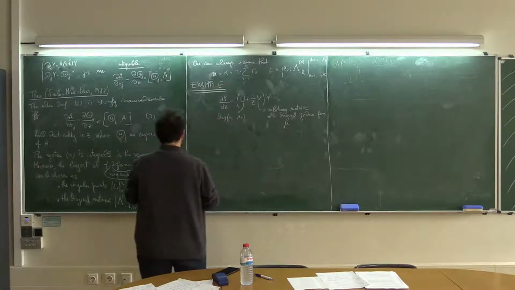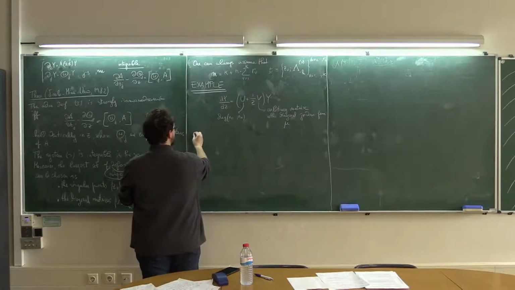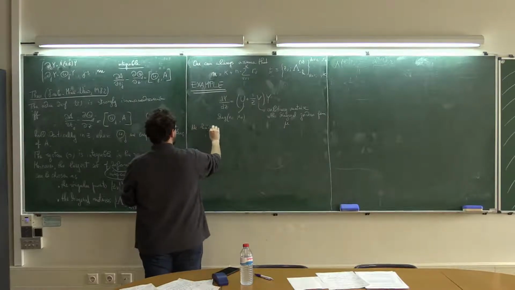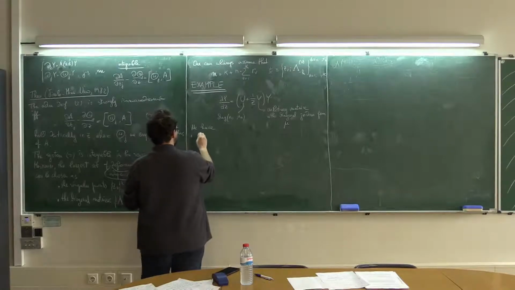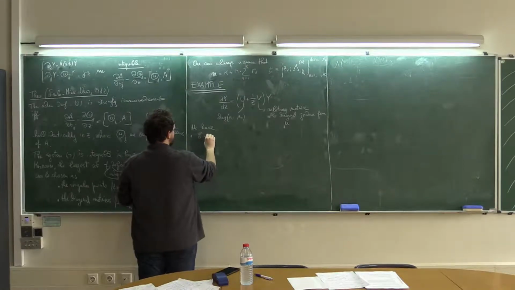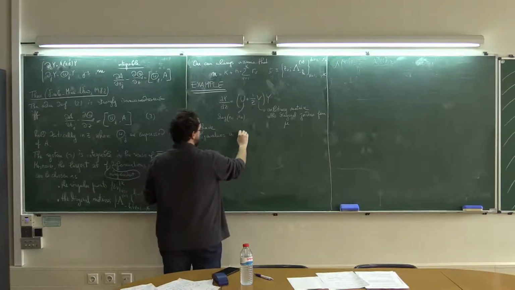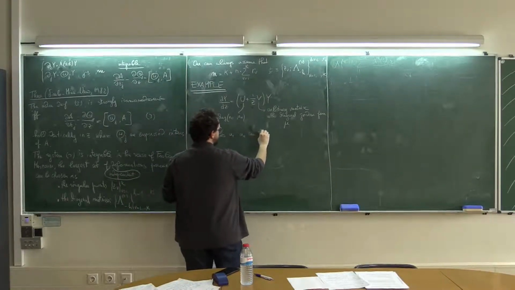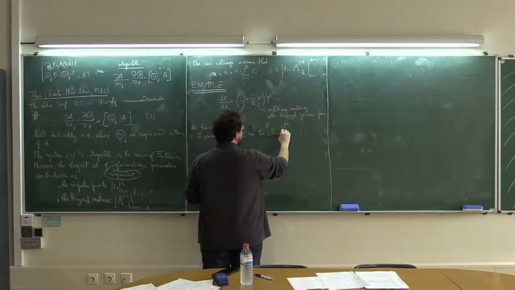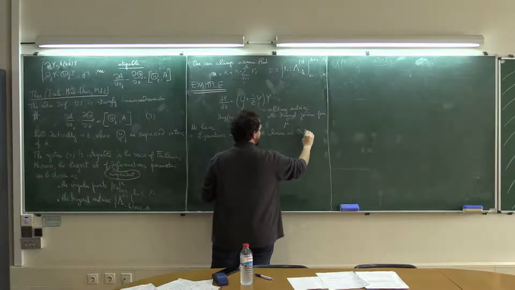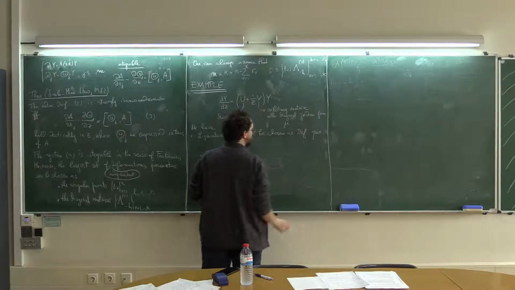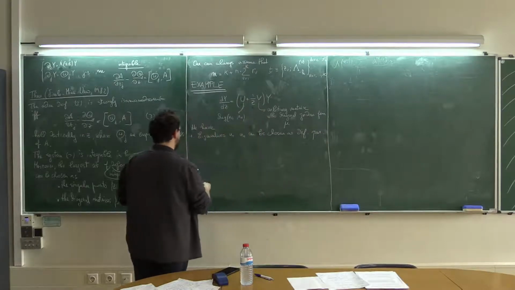So let's write down what we have. The eigenvalues u_1, ..., u_n can be chosen as deformation parameters by this theorem of Jimbo, Miwa, and Ueno.